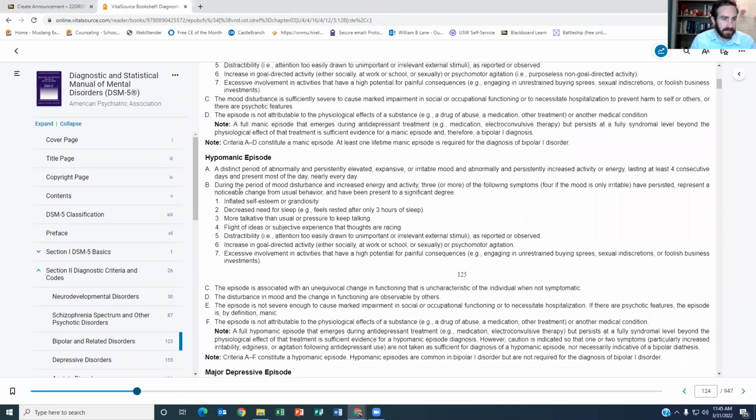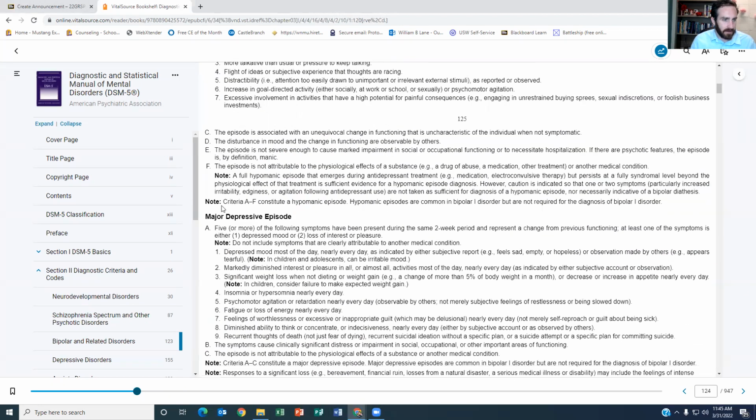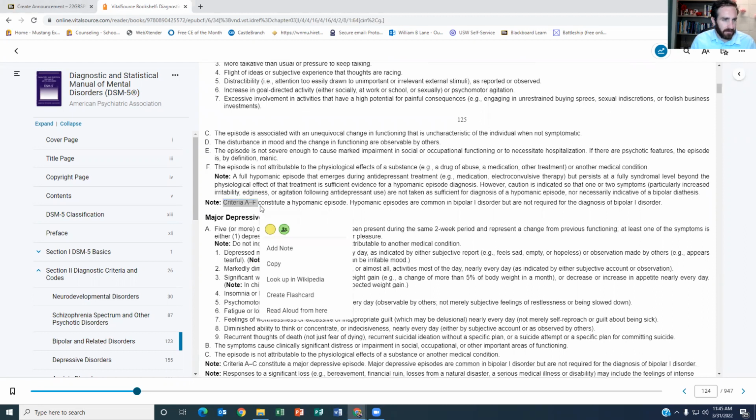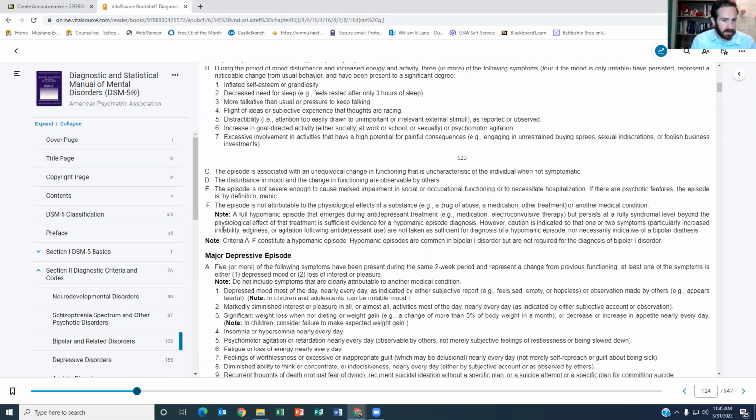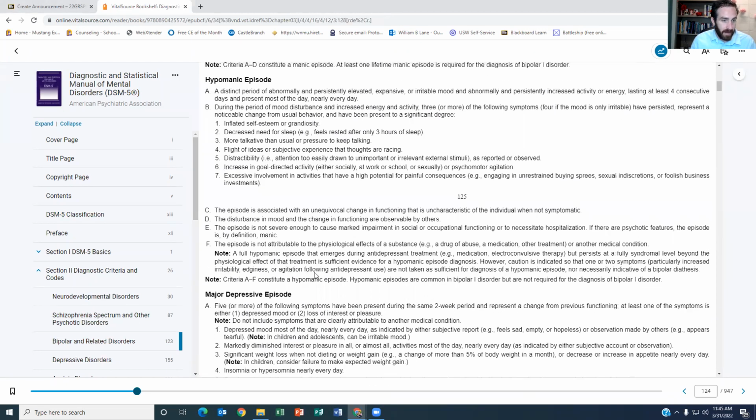And as it states in the notes for both hypomanic and major, as you'll see here, note criteria A through F. So A through F of hypomanic episode are common in bipolar 1 disorder, but are not required for diagnosis of bipolar 1 disorder.